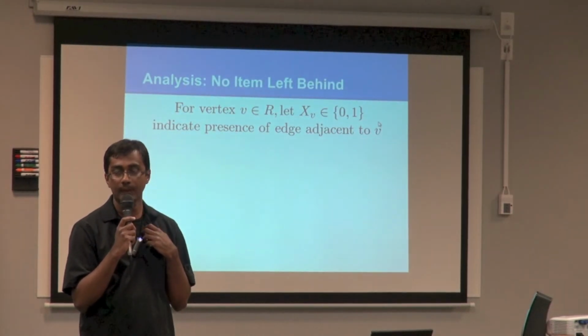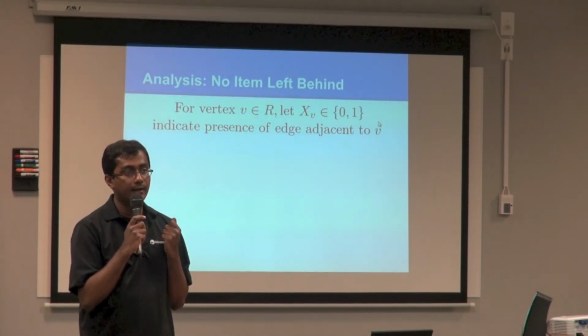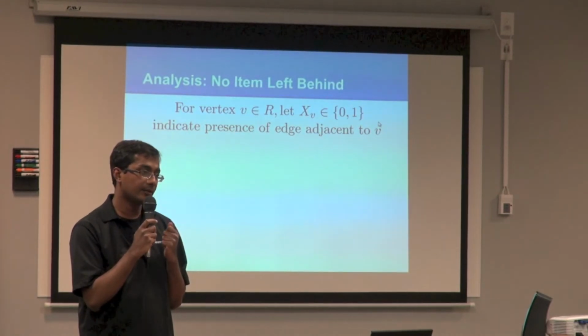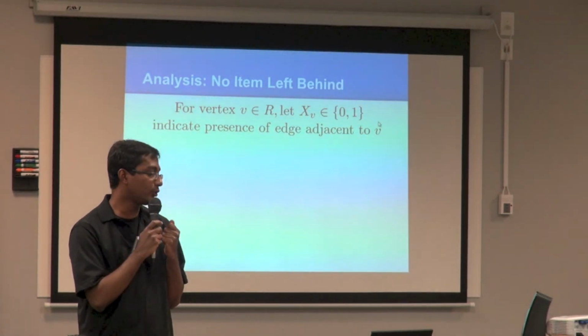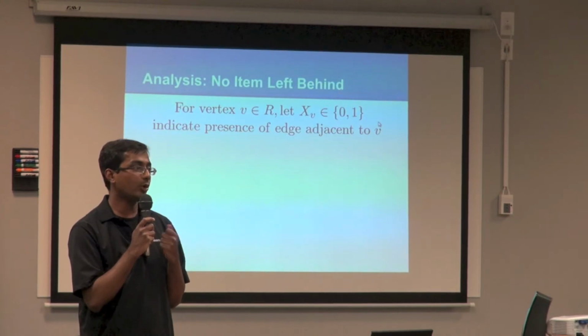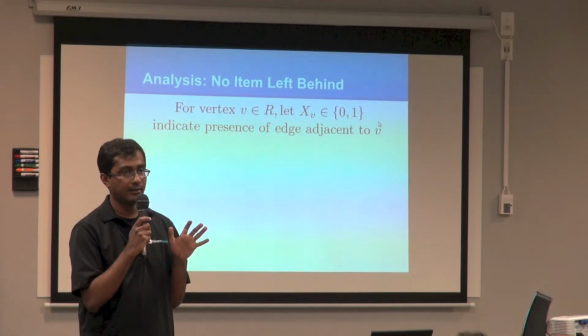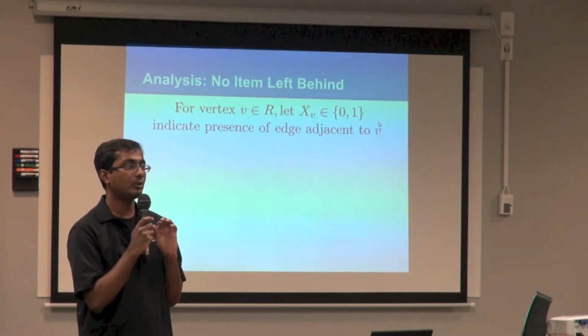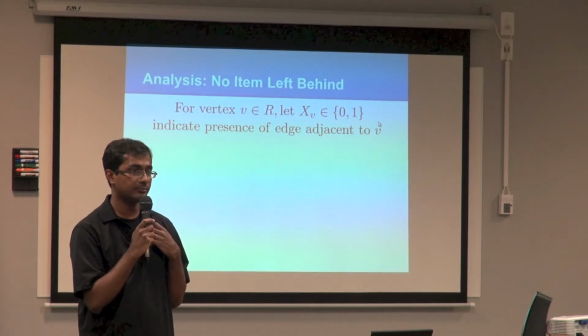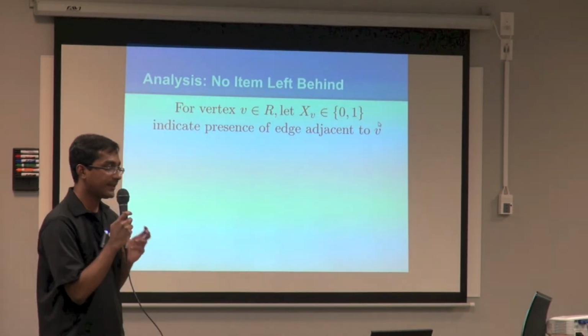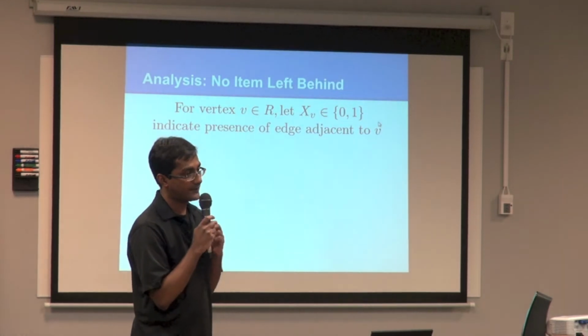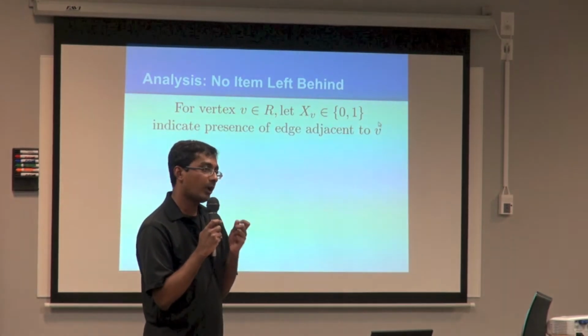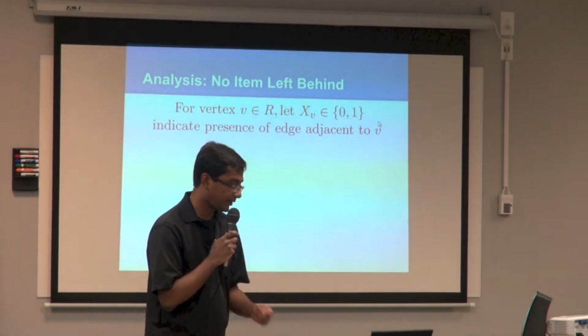I'm going to have a random variable xv with a value of 0 or 1. 0 if nobody recommended this video, and 1 if even one other video points to this video. Very simple. xv is 0 if nobody points into video v, and xv is 1 if even one person points into the video.